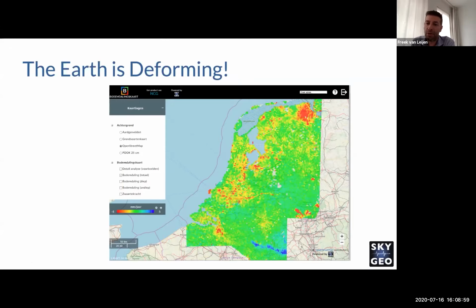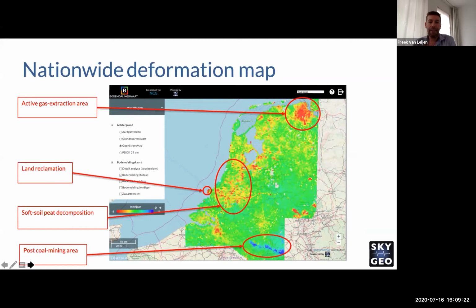In red, you see all the locations that go downwards with 5 millimeters per year. And you also see some blue patches that show an uplift of 5 millimeters per year. All this has been measured from space by InSAR. And today we will explain how that works, and of course focus on the tunnel case today.